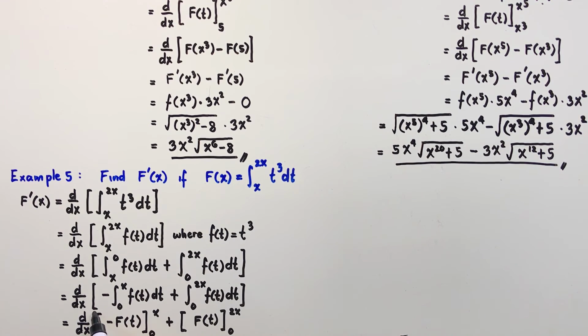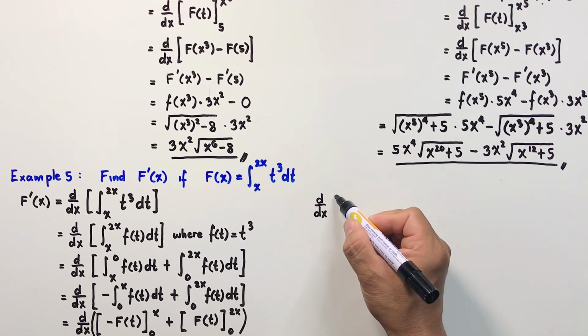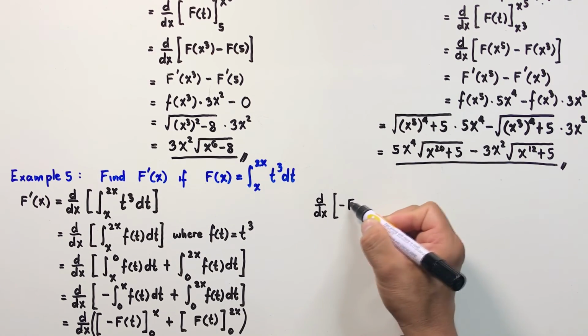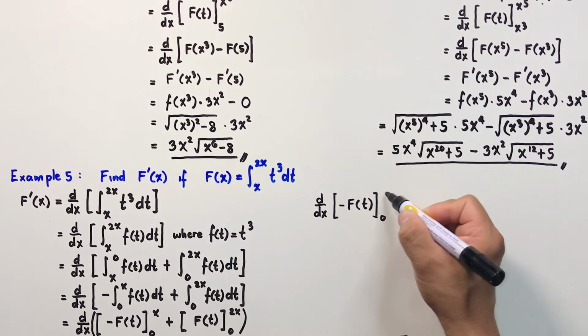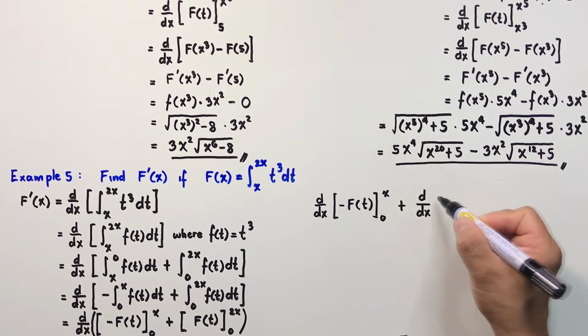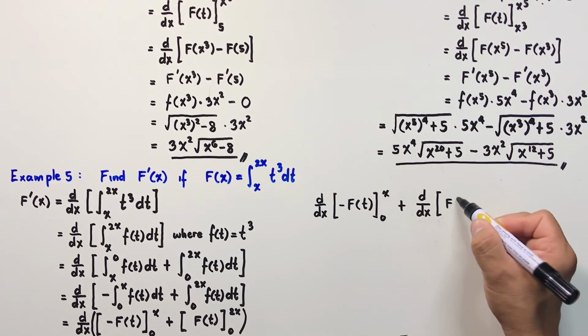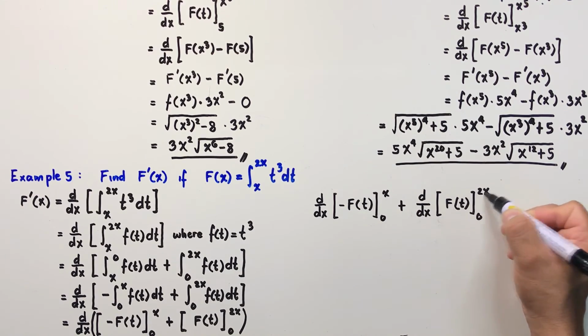But remember, we need to get the derivative of this sum. And we know that the derivative of a sum is the sum of their individual derivatives. So we write here the derivative with respect to x of our negative big F of t evaluated from 0 to x, plus the derivative with respect to x of our big F of t evaluated from 0 to 2x.